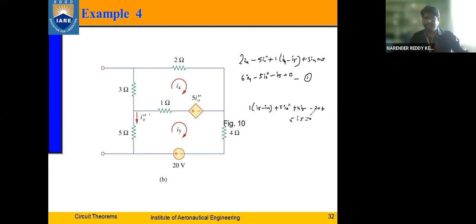Is the equation okay? 1 into (I5 minus I4) plus 5 I0, and this is 4 into I5 minus 20, and this is 5 into I5. Is that okay?